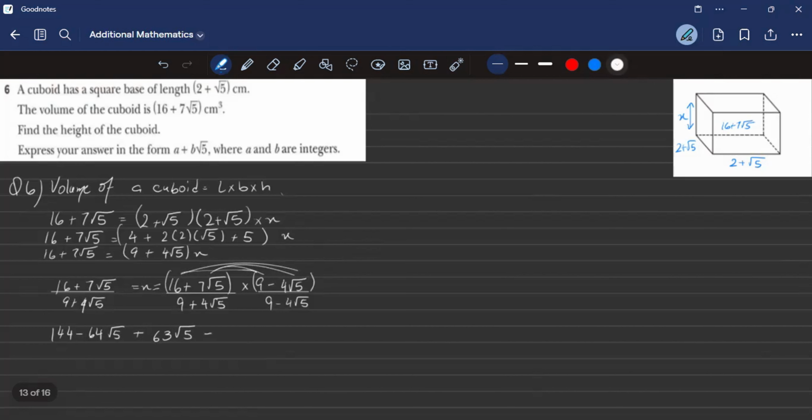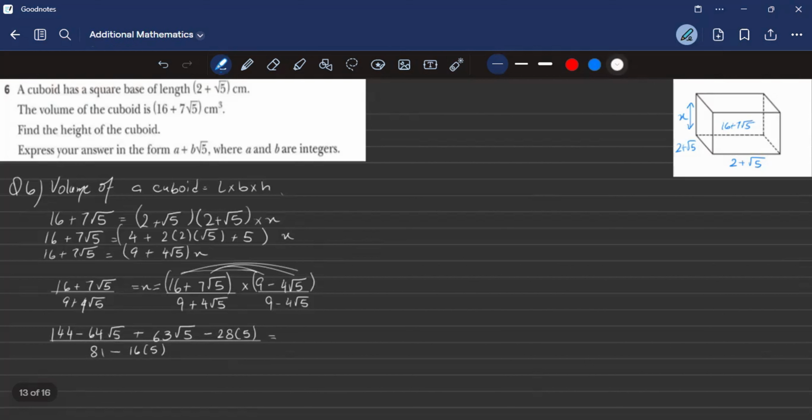So minus 28 multiplied by 5, because under root 5 multiplied by under root 5 is equal to 5. So now I'm going to divide the lower side and use the algebraic identity a plus b multiplied by a minus b is equal to a squared minus b squared. So what is 9 squared? It's equal to 81. And what is b squared? 4 squared is equal to 16 multiplied by under root 5 squared, which is 5.